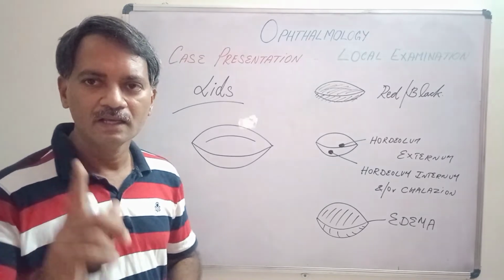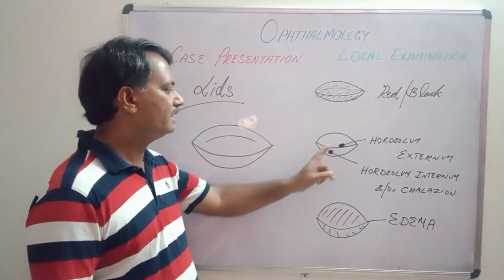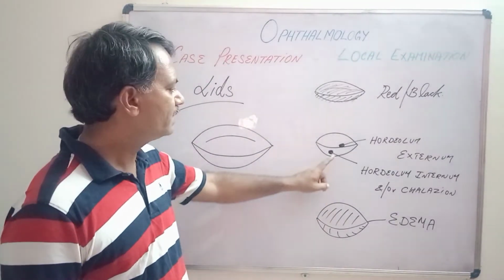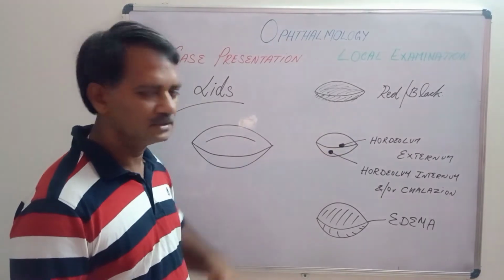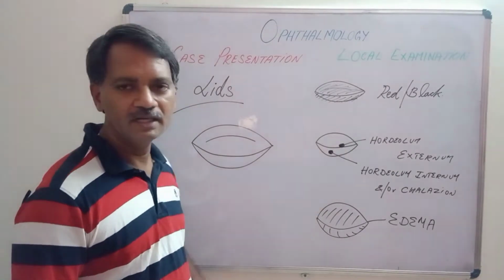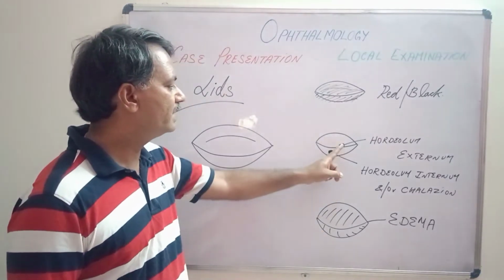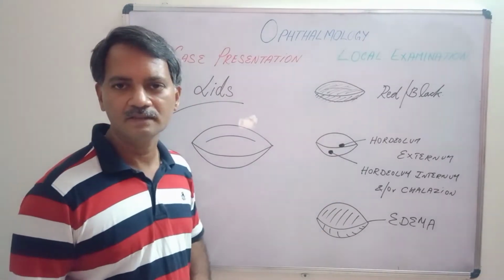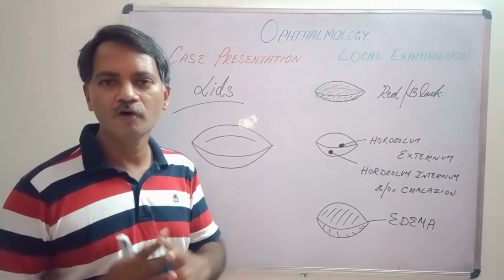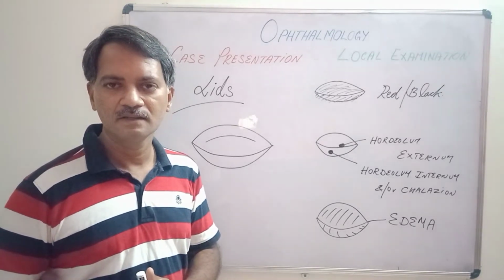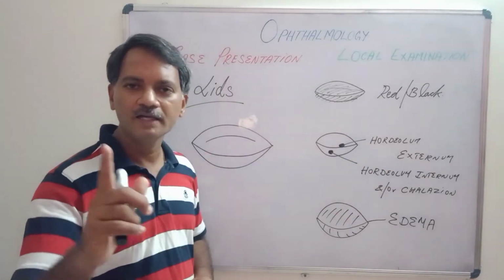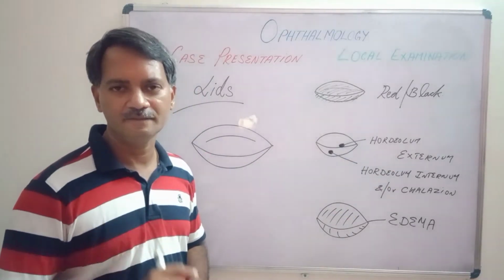Sometimes in the lid, you can see swellings. The swelling may be close to the lid margin or it may be away from the lid margin. A swelling which is very close to the lid margin with very high signs of inflammation should be a case of hordeolum externum or stye.